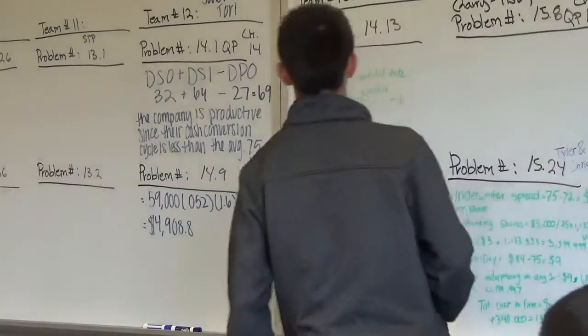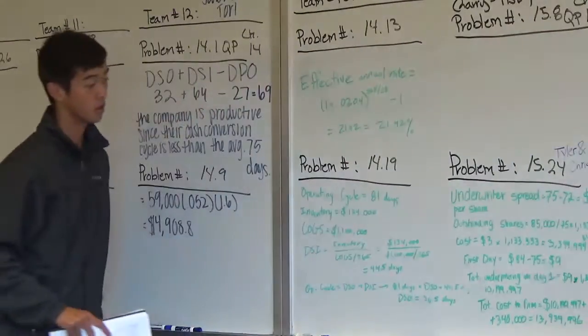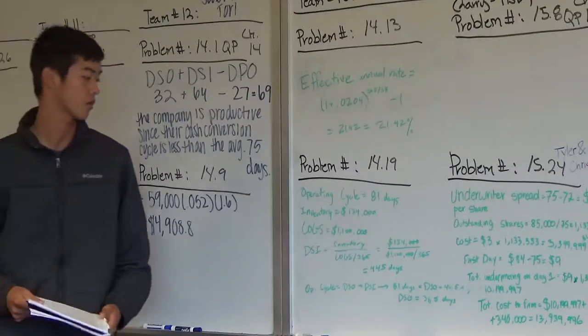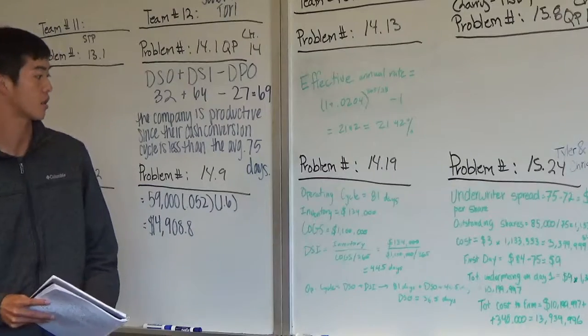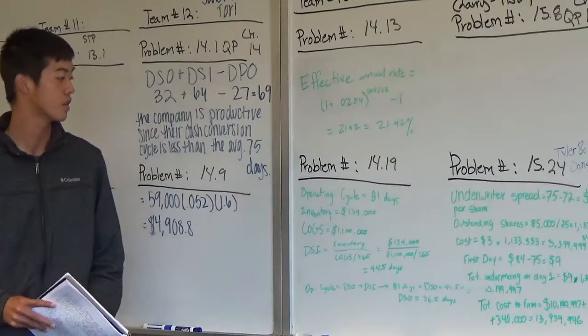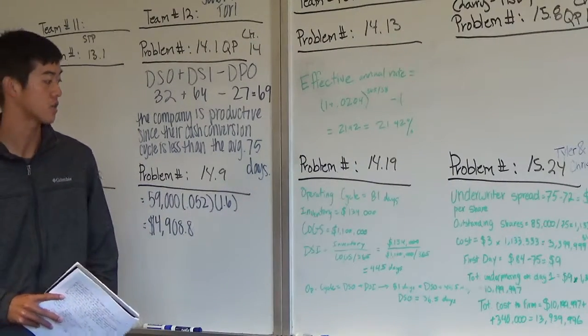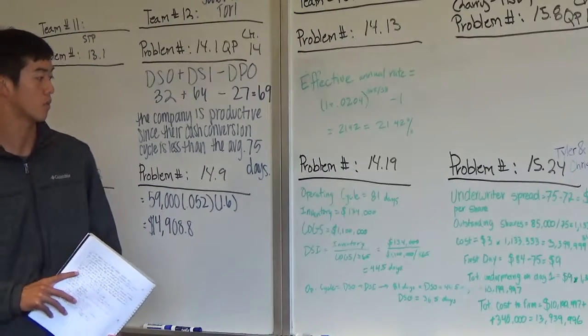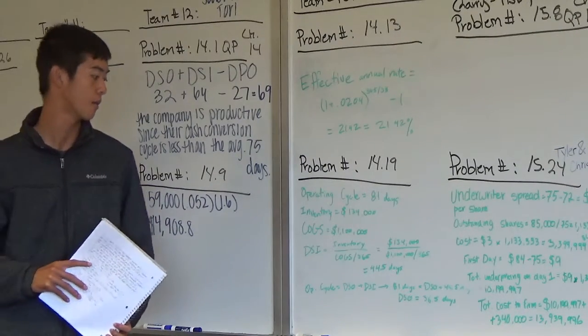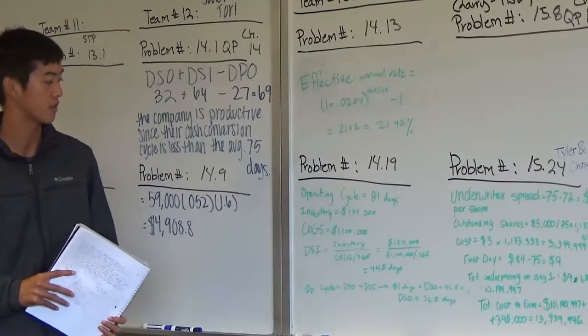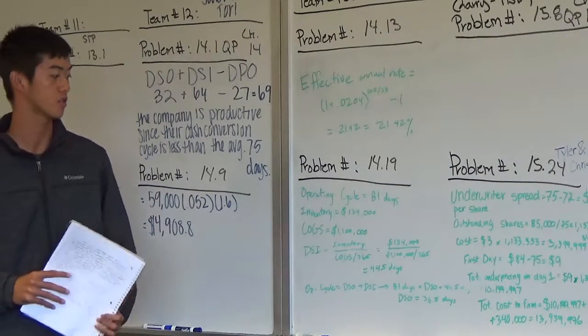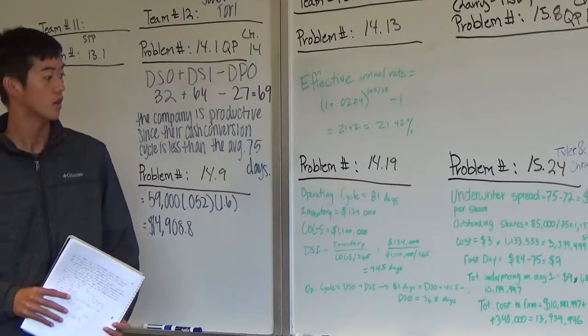Then we also did problem 14.19. In this problem, we were supposed to calculate the days sales outstanding, and it gave us an operating cycle of 81 days, inventory of 134,000, and cost of goods sold of 1,100,000. First, we have to find the days sales in inventory, and that's inventory divided by cost of goods sold divided by 365.